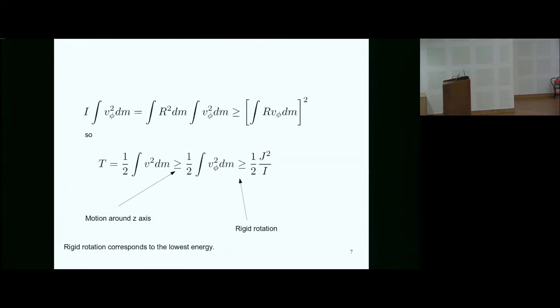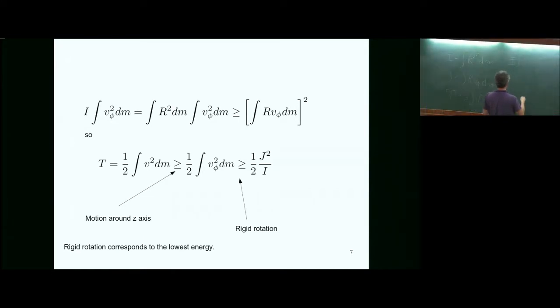Let's calculate this first line, I times the integral of v phi squared dm. Square the integral of r v phi dm is J squared.